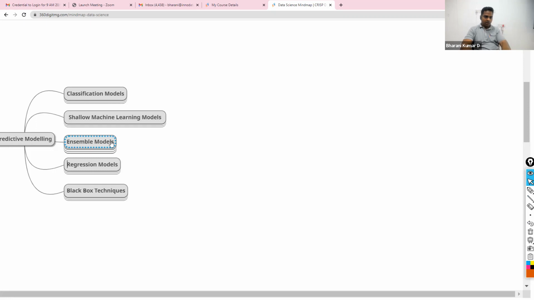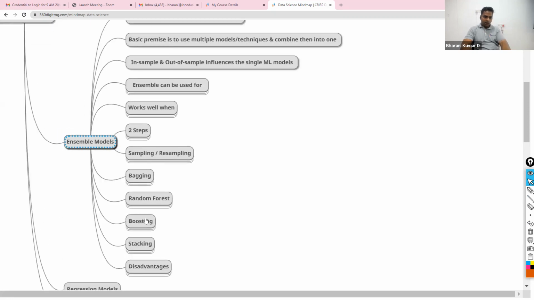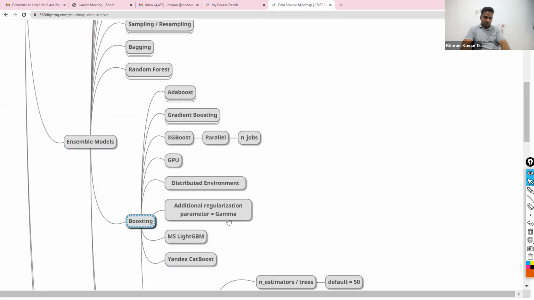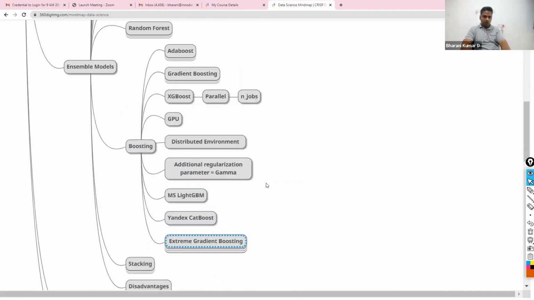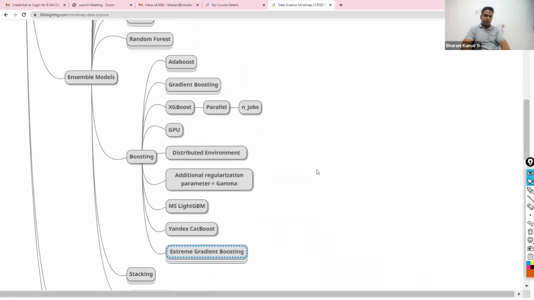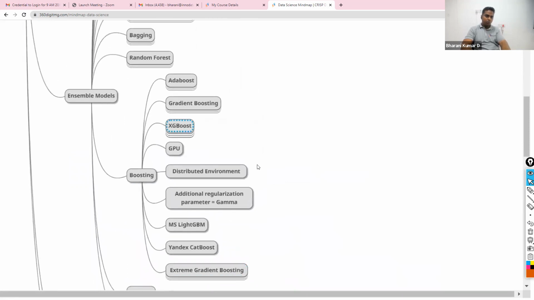Okay. All right. Now we have something called boosting. Within boosting, we have a lot of algorithms. Today, people are using extreme gradient boosting only. They are not using any other algorithm today.